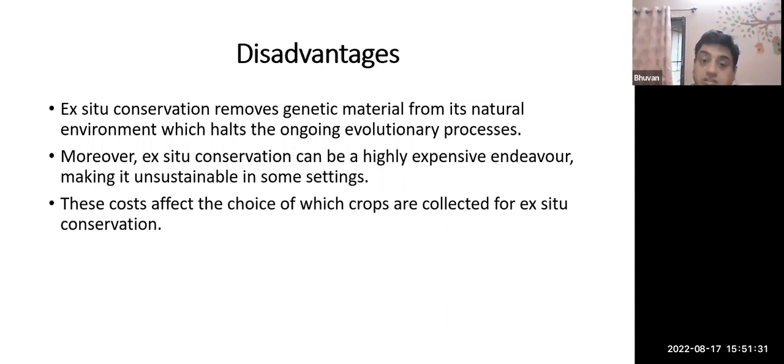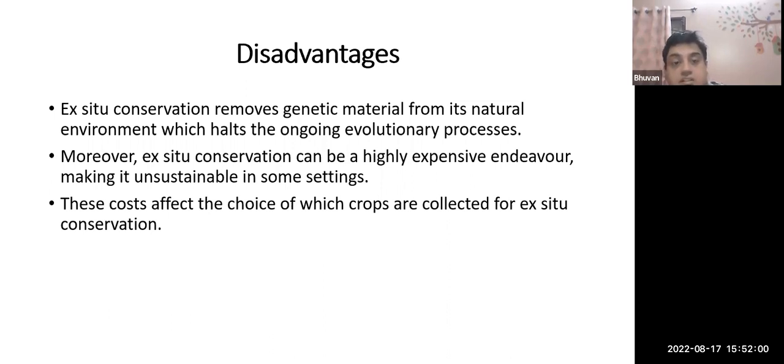Also, the cost scenario affects the choice of crops which are collected for ex situ conservation. The scientists and the plant breeders might not be interested in conserving those breeds which have very low use value, or which might not have any potential in the current scenario, but in future they might show some promising results.